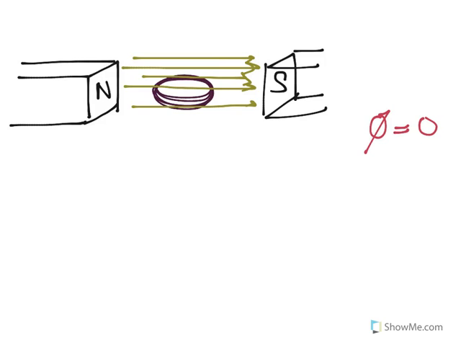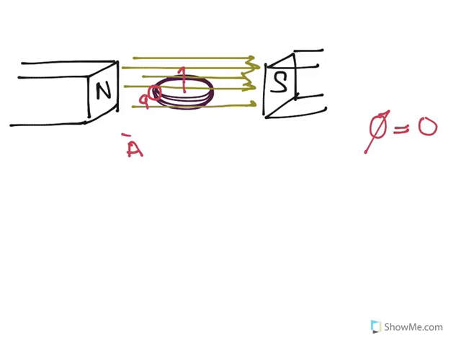Flux linkages becomes 0. Equivalently, one can give it a quick 90 degrees turn to bring its plane parallel to the field direction. In this case also the flux becomes 0 because the area vector is in this direction.